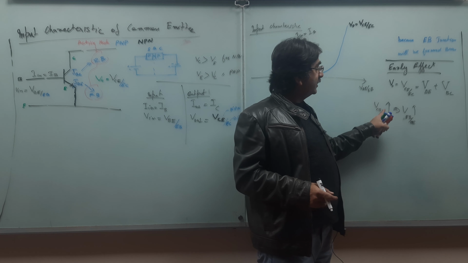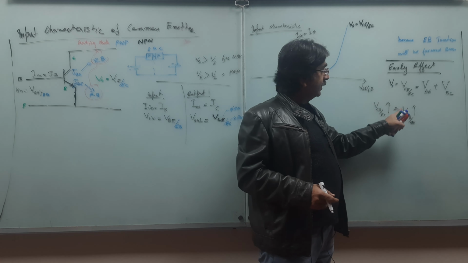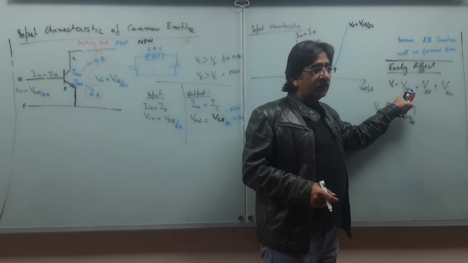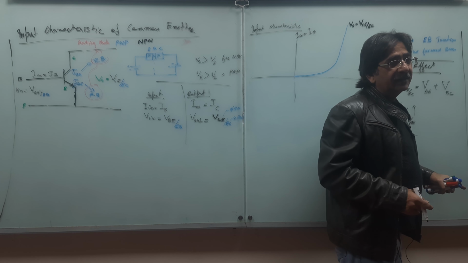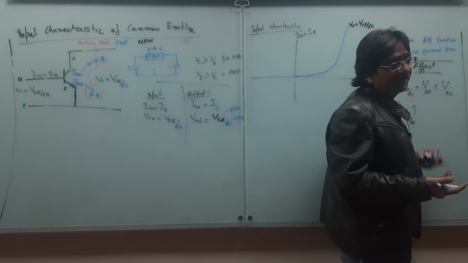This is representing the increasing. If CB is increasing, then EB will be increased. If it decreases, then this will be decreased.